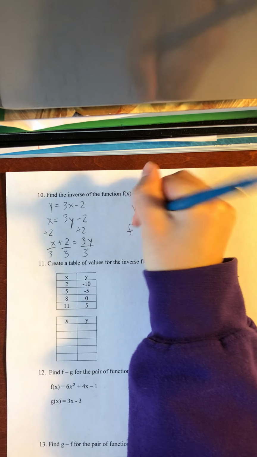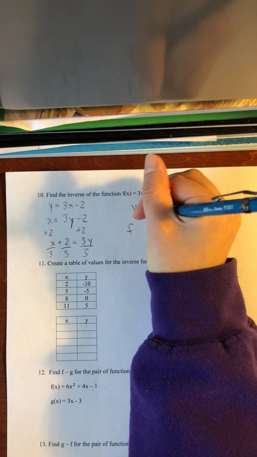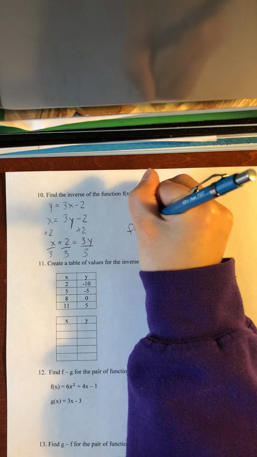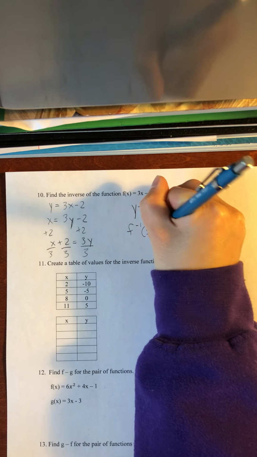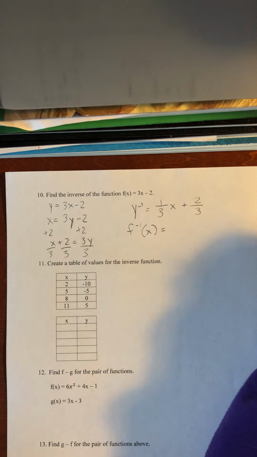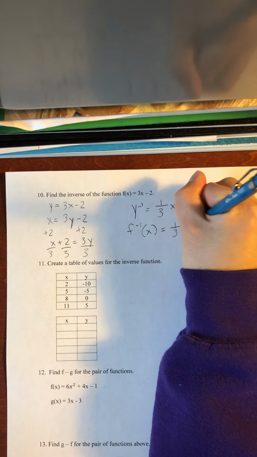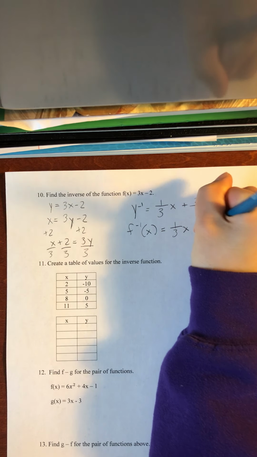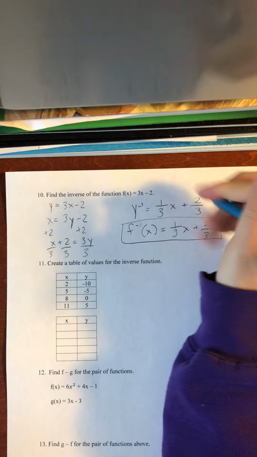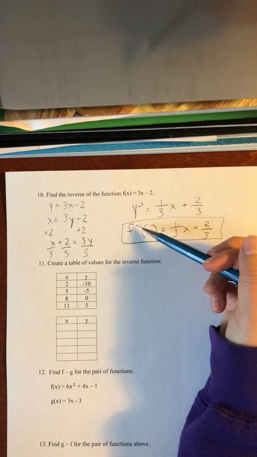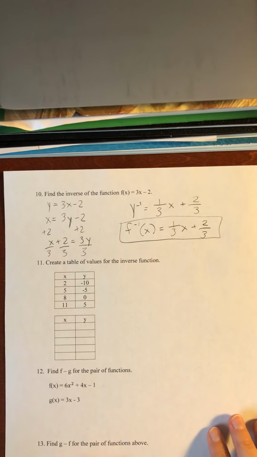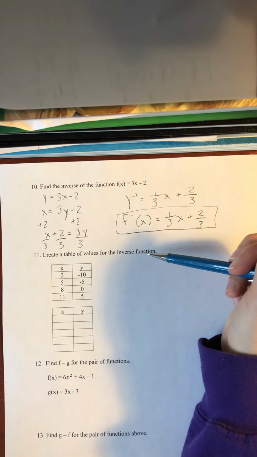And then since it gave it to us in f of x function notation, I'm going to put this form instead. f of negative 1 of x equals 1/3 x plus 2/3. I won't mark it wrong if you keep it like this, but you should technically put it back in the function notation. Okay, create a table of values for the inverse function.